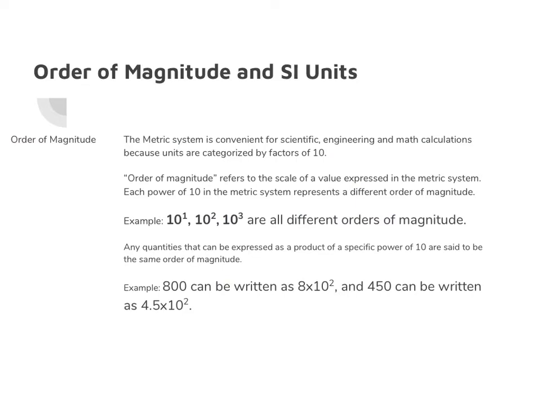All right, so order of magnitude as it relates to SI units. The metric system is convenient for scientific, engineering, and math calculations because units are categorized by factors of 10. As you get used to it, it's a very elegant system. It makes conversions very easy.